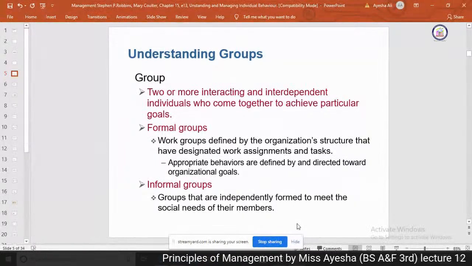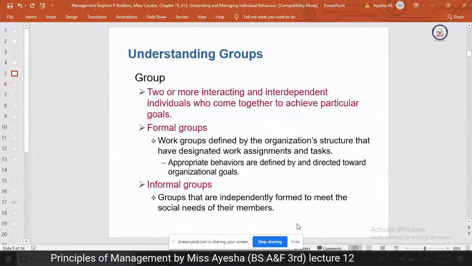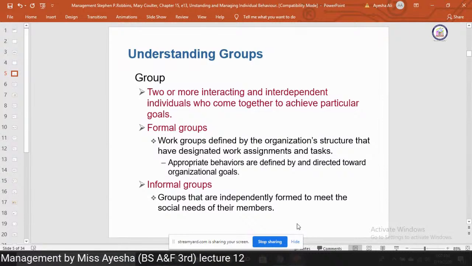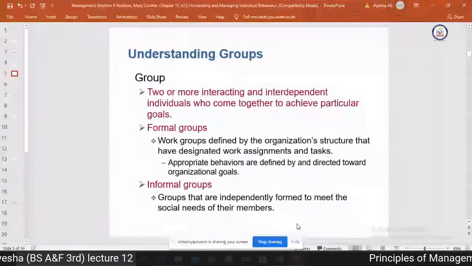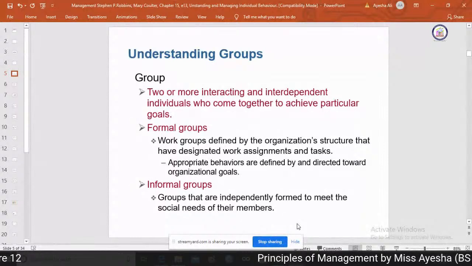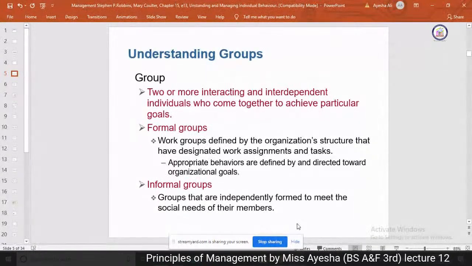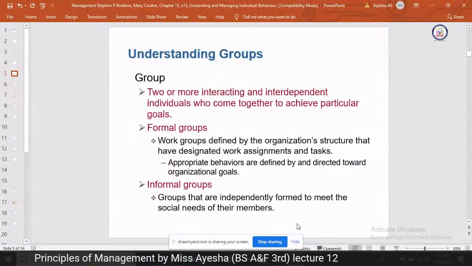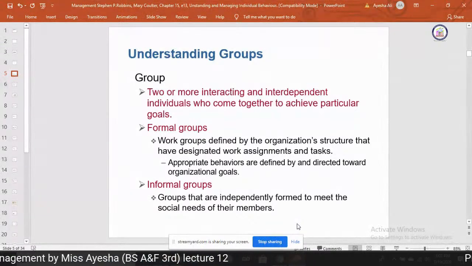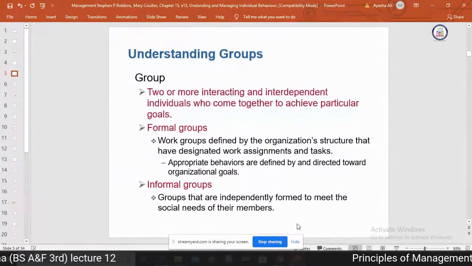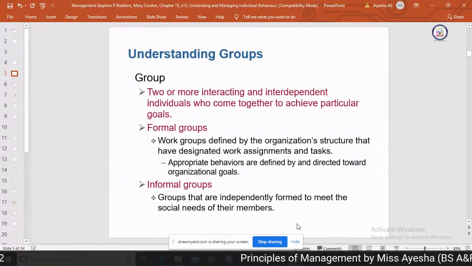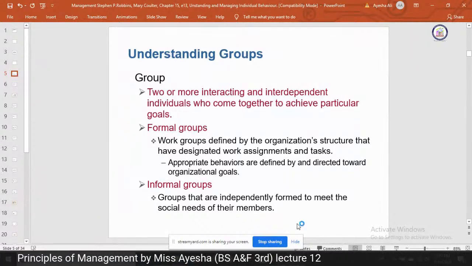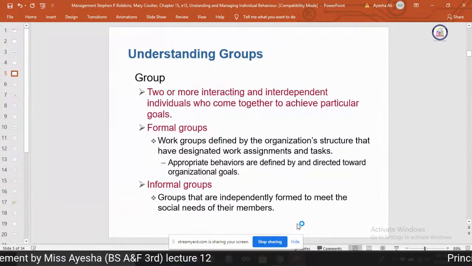They are working in this way to achieve the project and the target. They all are behaving and performing in a way to achieve the organization's goal. So this is the formal group.